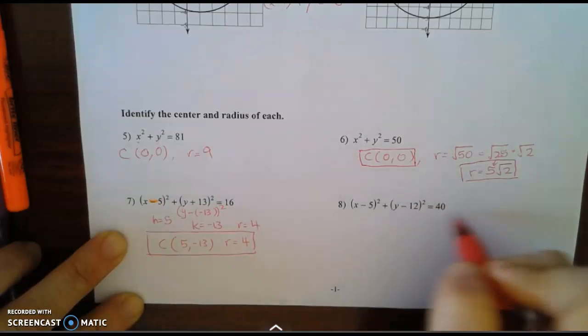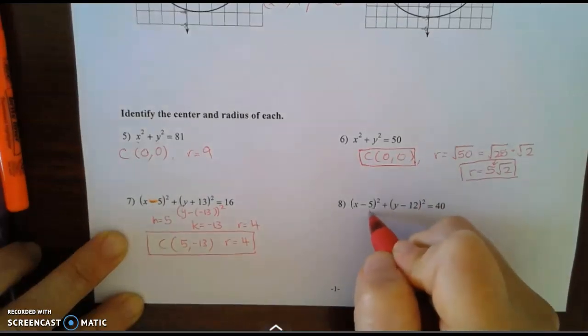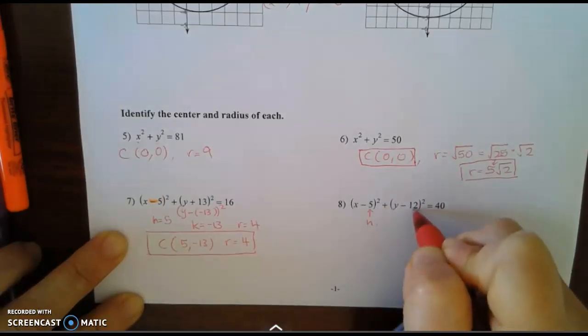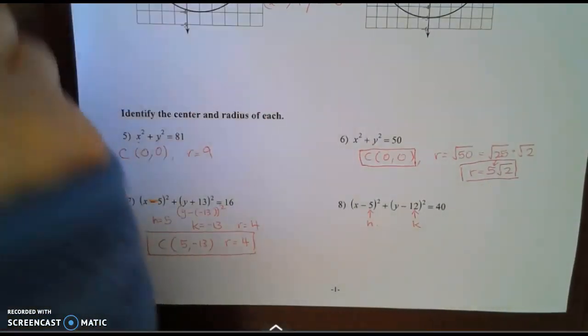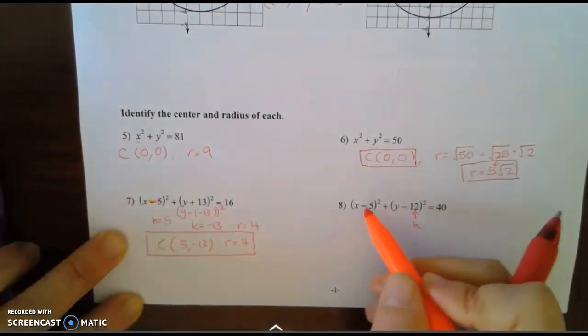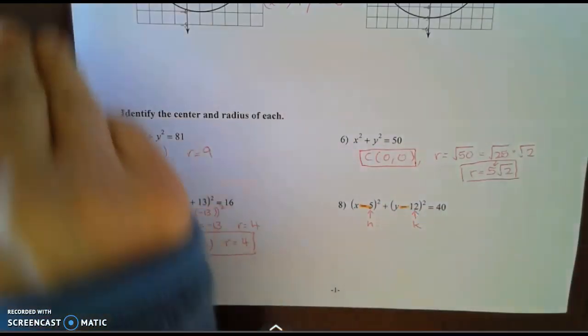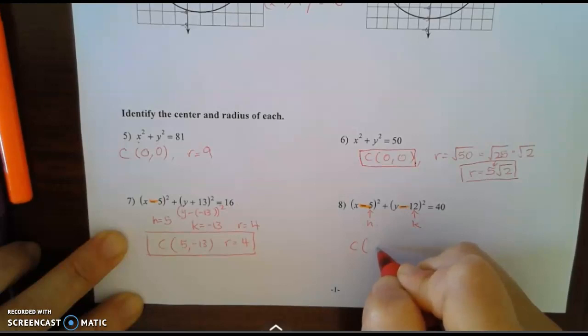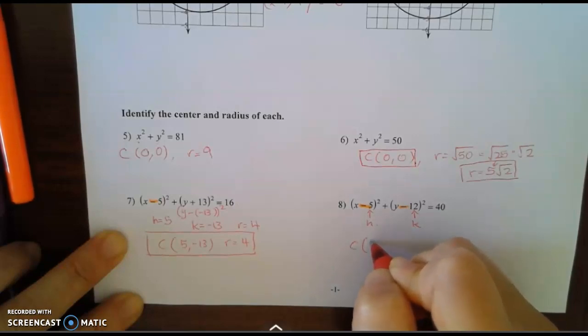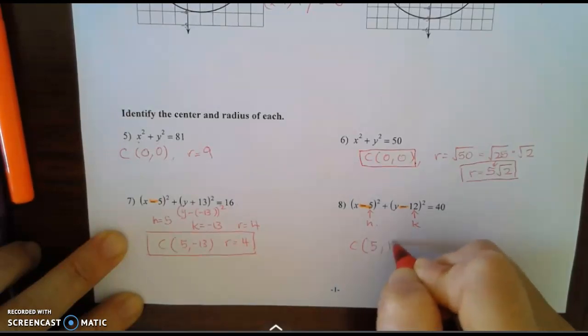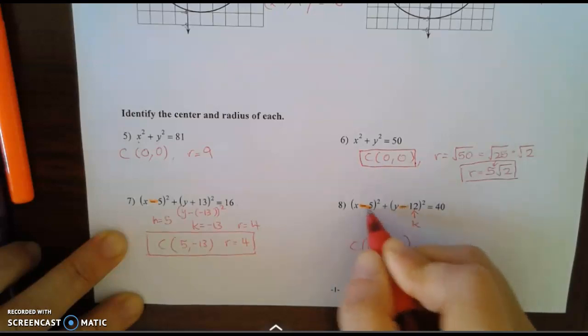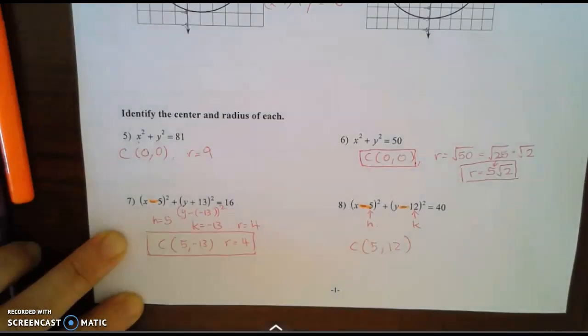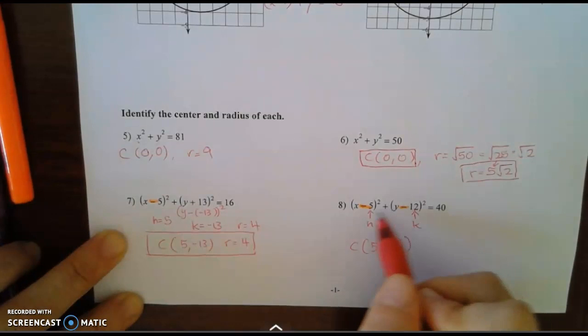And finally, looking at this, this is my h value, this is my k value, because I already have this negative and negative, so I do not need to do anything to it. So simply center is 5, 12. It's without the negative sign because the negative sign belongs to the standard formula.